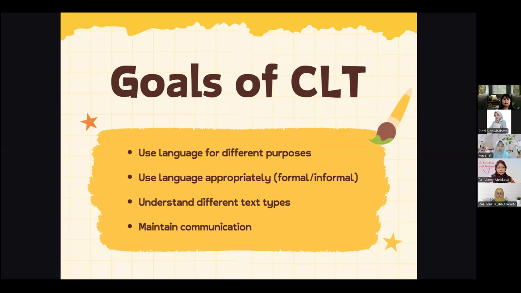Okay, the last goal of CLT is maintain communication. CLT emphasizes the ability to maintain communication, even when students face difficulties.